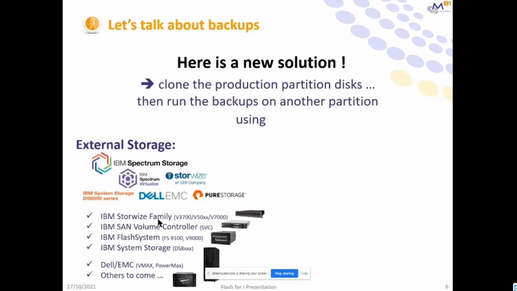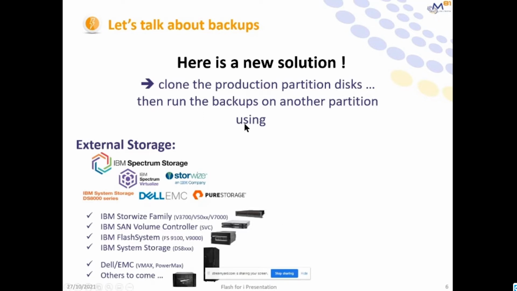That's very quick and very easy to use. I will talk to you about this after. It's also possible with other vendors like EMC on the VMAX, or on the Pure Storage or others. In these other cases, it's called Snapshot.